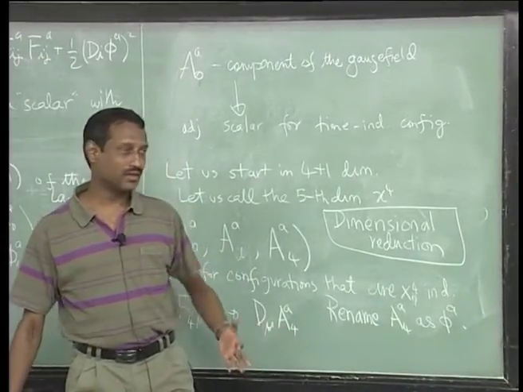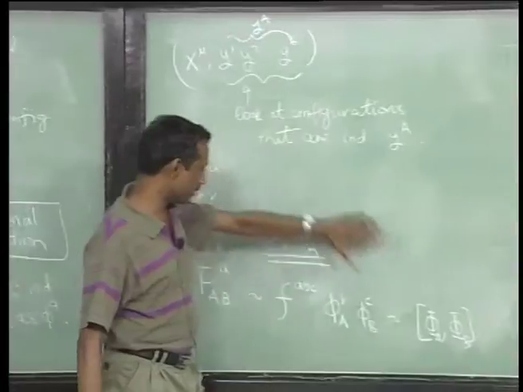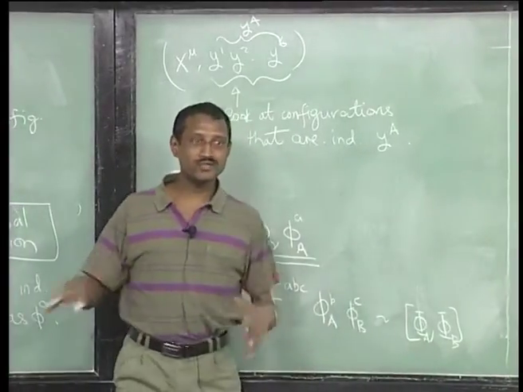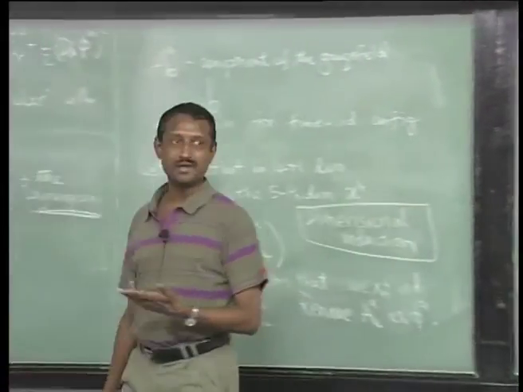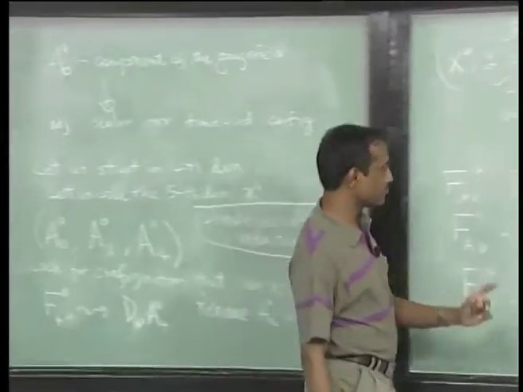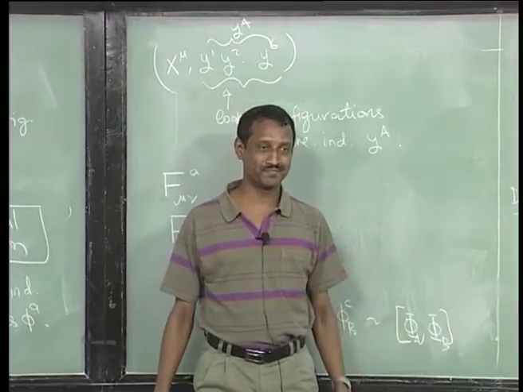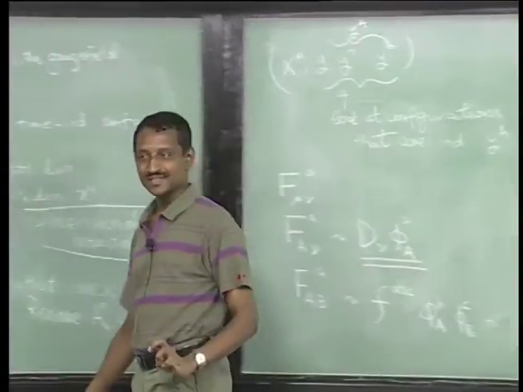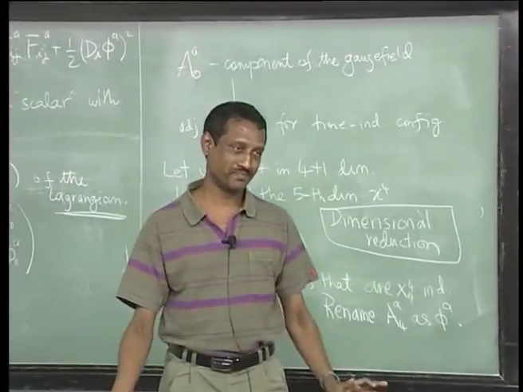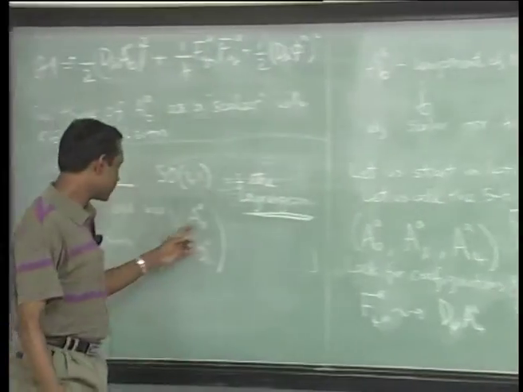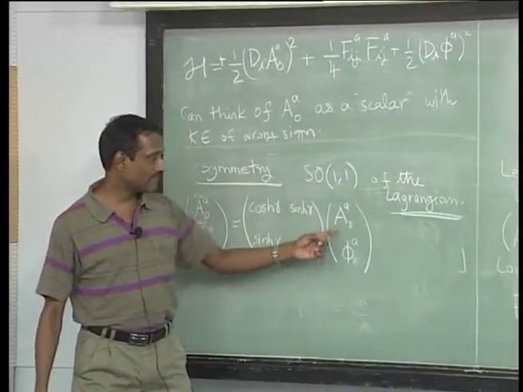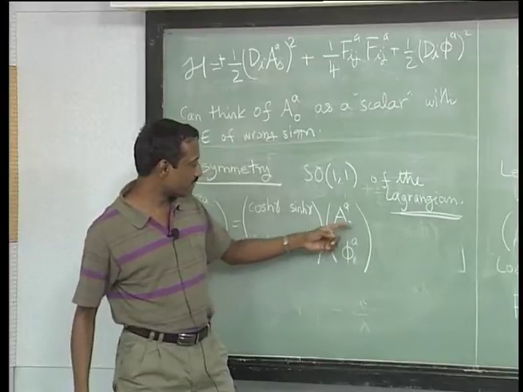And so you get a system which has all these things, and you can ask what is the analog of the Prasad-Sommerfield limit. The analog of the Prasad-Sommerfield limit will be that phi a and phi b will commute with each other. So you look for field configurations where phi a and phi b commute with each other. In fact, even out here we could have looked at something like f0 of phi a.